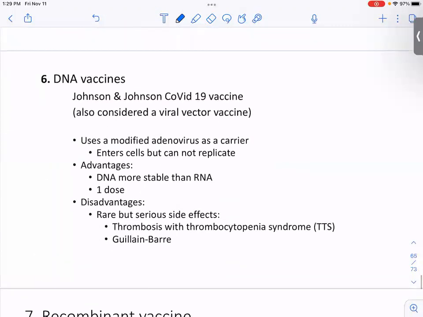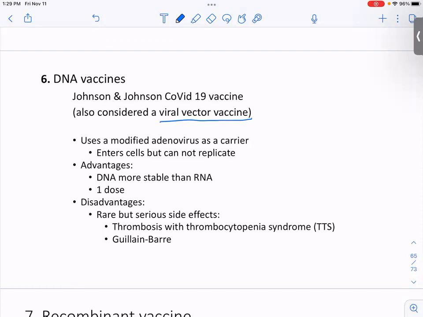The DNA vaccine that came out was a Johnson & Johnson vaccine to COVID. Sometimes we call this a viral vector vaccine instead of a DNA vaccine. It's both, really. What was new about this vaccine is that it utilized a virus called adenovirus that usually infects chimpanzees.